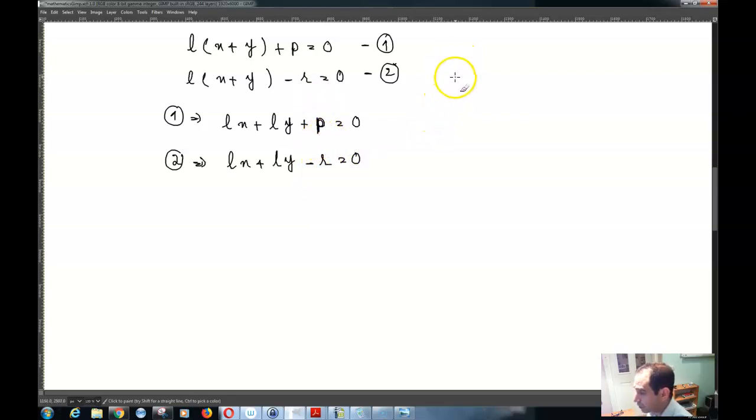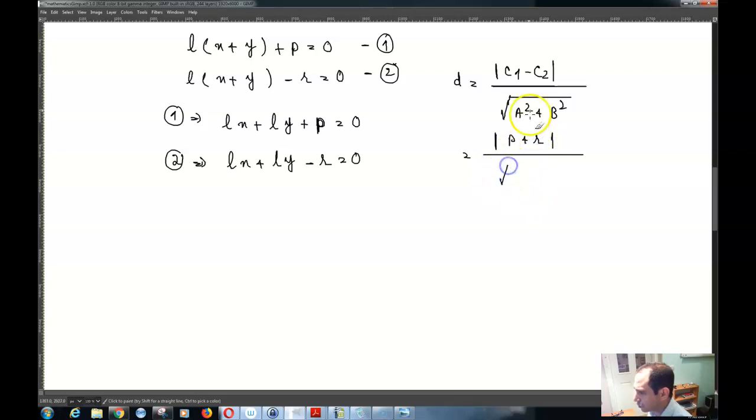So then again I can write d is equal to basically the absolute value of c1 minus c2 over the square root of a squared plus b squared, and that gives me basically the absolute value of c1 minus c2. So p minus negative r, which is p plus r, and the square root of L squared plus L squared, which is equal to 2 times L squared.